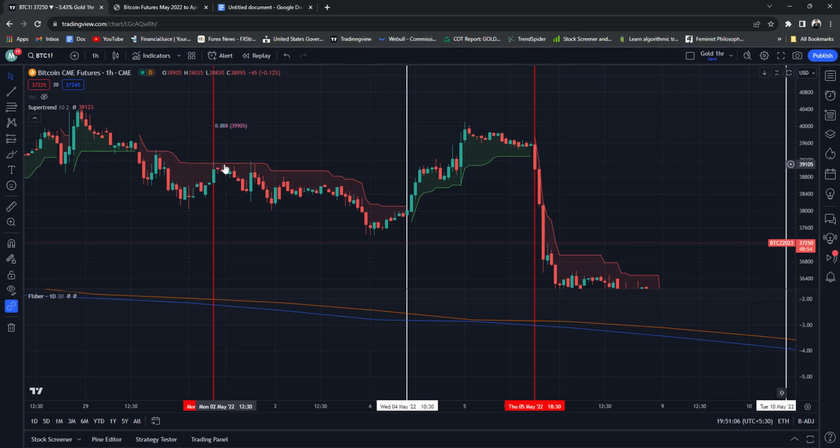So that's our entry area where we would enter, and we would just keep that trade and exit when the time came, which is here around this bar.